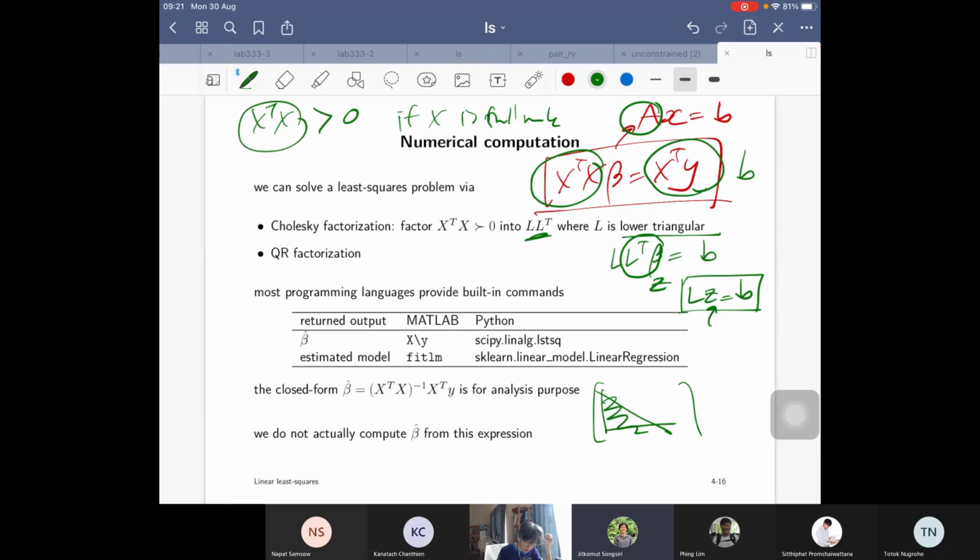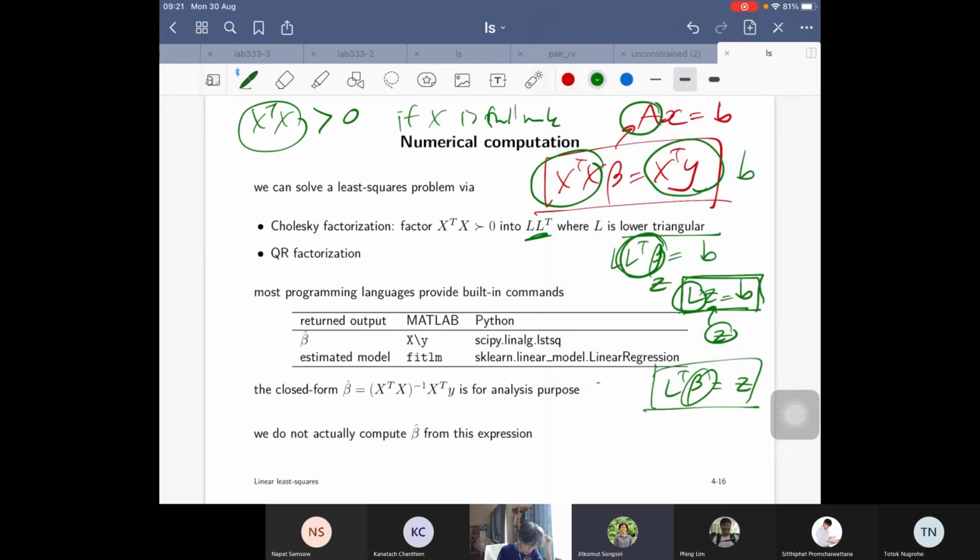We had this discussion in the course on numerical analysis. Basically, solving a linear system with a triangular coefficient matrix is cheaper than solving a general linear equation. Once you get z, you can form L transpose beta equals z, and that's another triangular system, so you can solve for beta. That's one way.